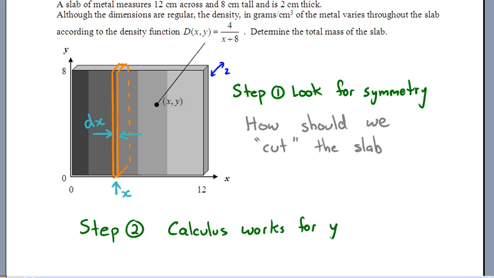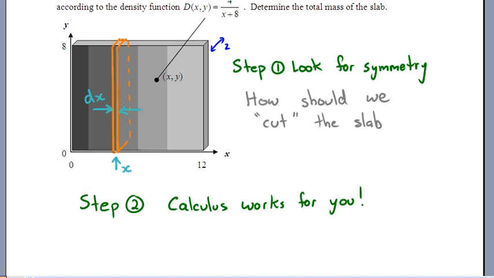Not the other way around. You're not a slave to the calculus. It has to do what you want it to do. So you can sit here and go, okay, how can I get it to work for me? I want it to go and add up all these little densities, or all these little masses for all these little slabs of metal, and they each have their own density to them.